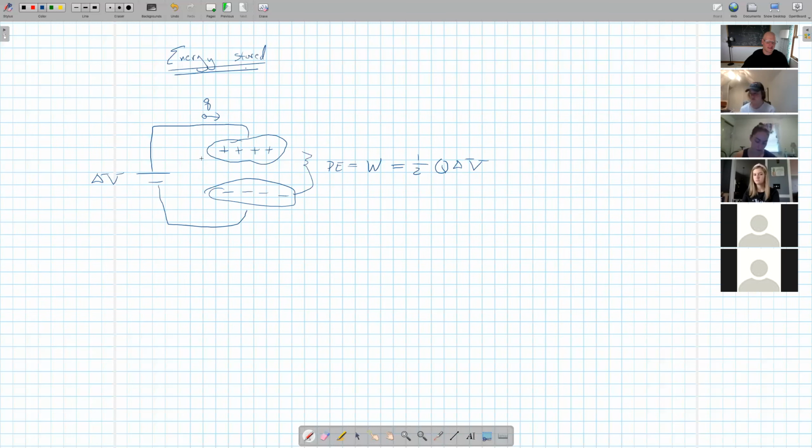So if this has a delta V across the capacitor, which is equal to that of the battery, and a maximum amount of storage of Q, then the amount of potential energy which is stored, which is equal to the work being done by the battery, is equal to 1/2 the charge, where this is the maximum amount of charge, times the potential across the plates.